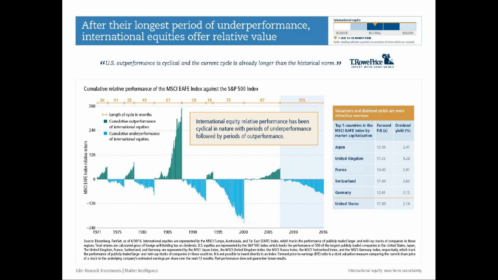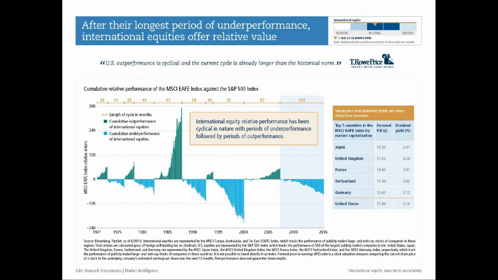Starting in 1971, international stocks outperform, then they underperform. At the top, you can see the months that it takes for each one of these periods. So, 26 months outperformance, 41 months under, 25 over, and it just keeps happening.